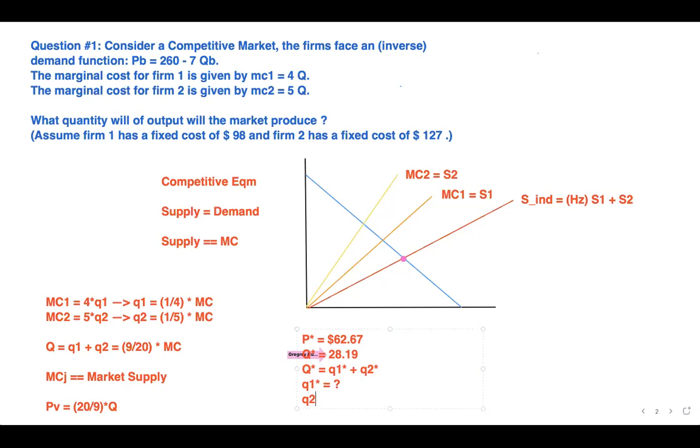And Q2 star is equal to what? So Devara, can you answer the question now? Can you find Q1 star and Q2 star? Do I just plug in the Q star into the MC1 and MC2?